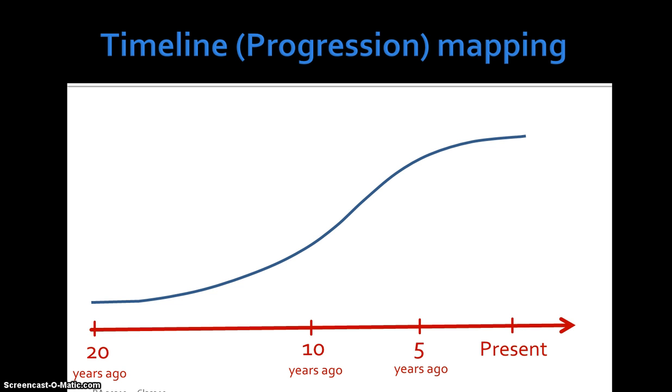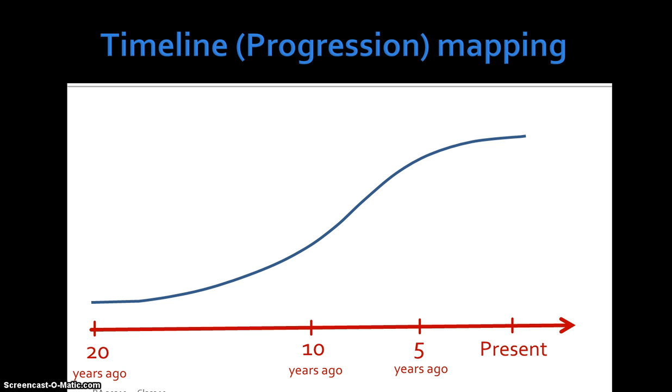So what's a timeline? Pretty simple. We want to lay it out graphically. We want to look back twice as far as we look forward, right? So, if we're looking forward 10 years, we want to look back 20 years, and we want to map that out as change unfolds in a particular category.